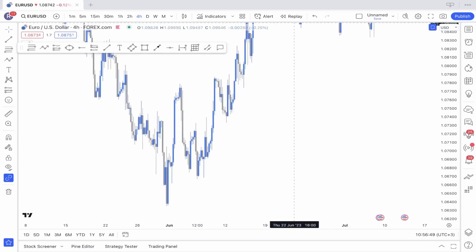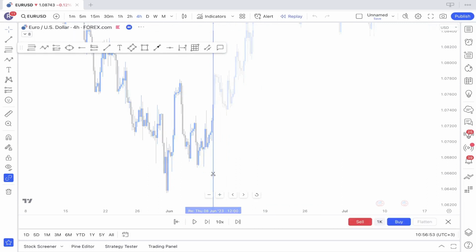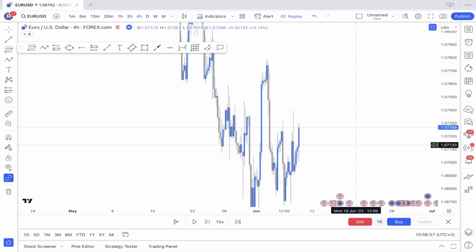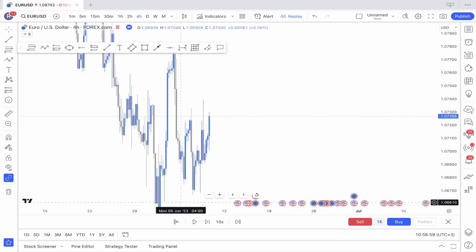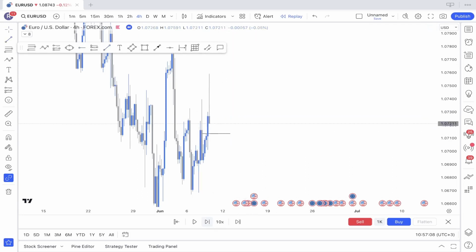So right here, check this out. I'm gonna use the bar replay. Okay, check this out. So this right here is the high of our first candle. Okay, let me draw it. This is the high of our first candle. This is the second candle, and then this is the third candle. So this is the low of the third candle.